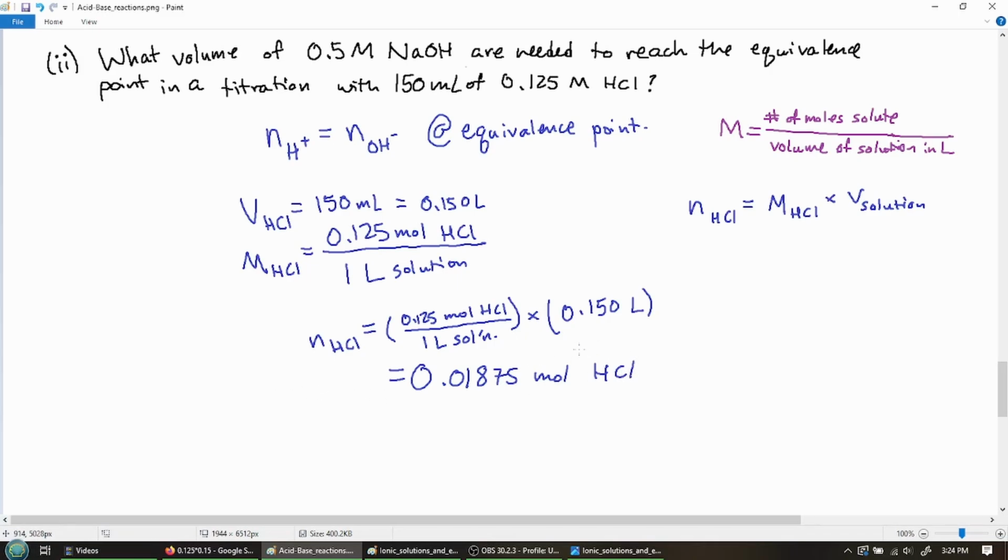Okay, well good. We know the number of moles of HCl, but what we were really looking for is the number of moles of H+. But we know, right, that HCl is a strong acid, meaning it splits up completely. So 1 mole of HCl in aqueous form produces 1 mole of H+.